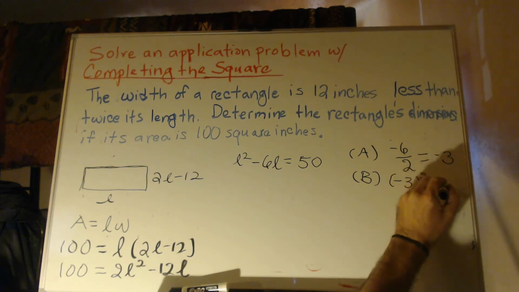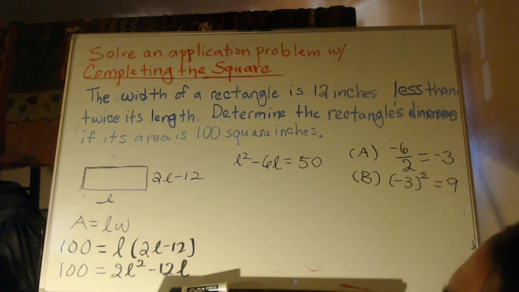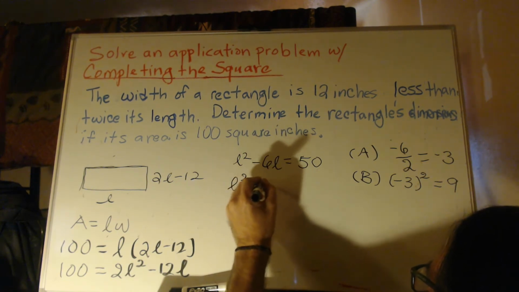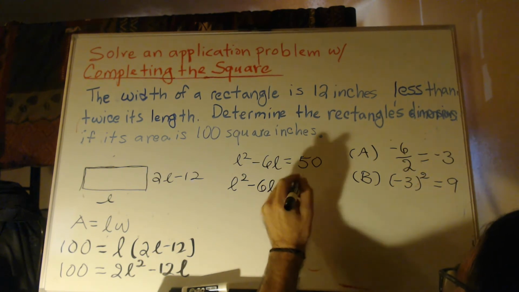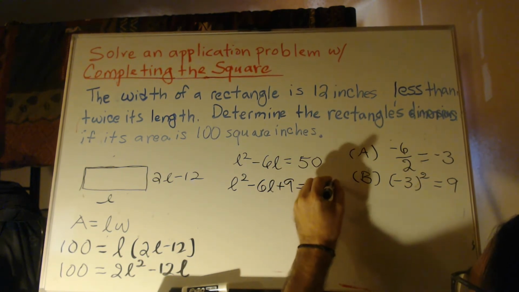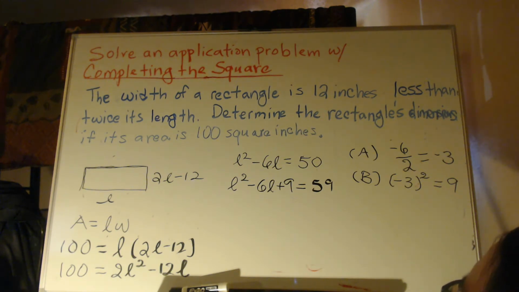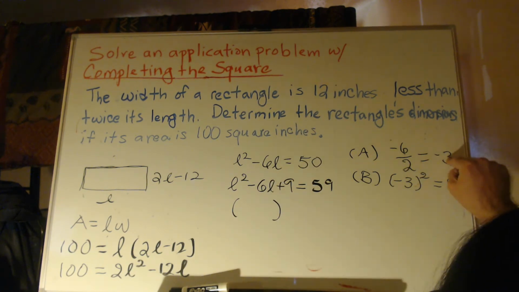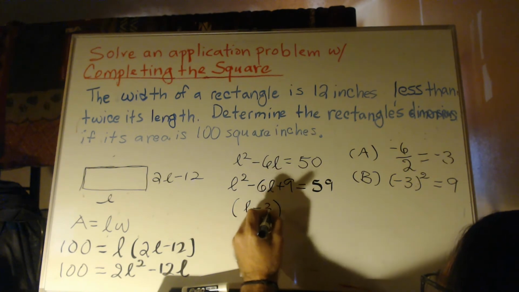We're going to be adding 9 to both sides. Making the left-hand side a perfect square trinomial, which we can rewrite looking back at the first step of side work, so that we don't have to think too hard about how to factor L squared minus 6L plus 9.